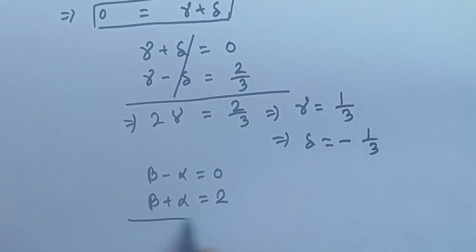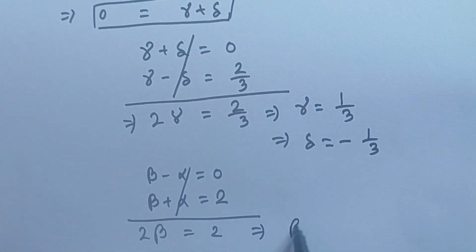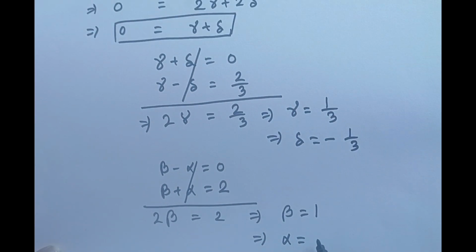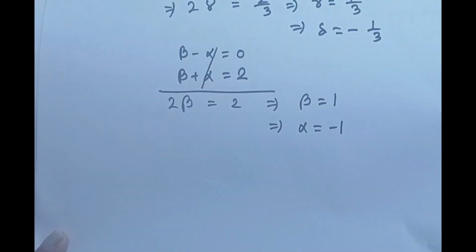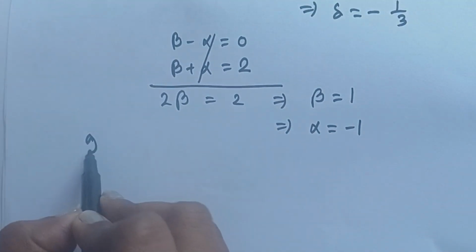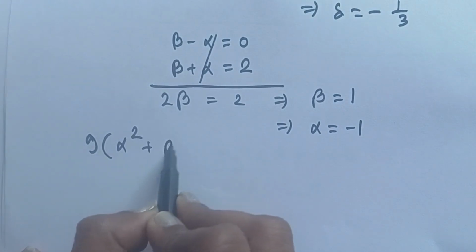Solving these two equations, plus alpha minus alpha cancel out. So 2 beta equals 2, and then beta equals 1. Since beta equals alpha, we have alpha equal to 1.